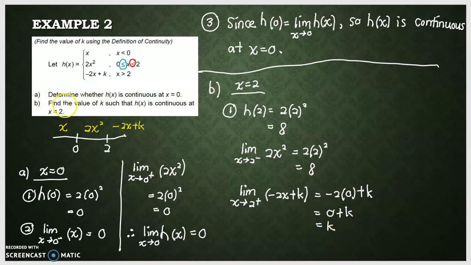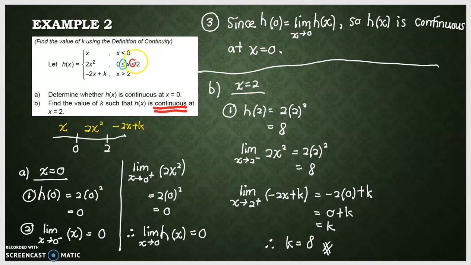Since the question mentioned to find the value of k such that h(x) is continuous, if the function is continuous, the limit must exist. If the limit exists, it means the left hand limit must be equal to the right hand limit. Therefore, left hand limit is 8, right hand limit is negative 4 plus k. Therefore, k is equal to 8. So this is the second answer for example 2b.